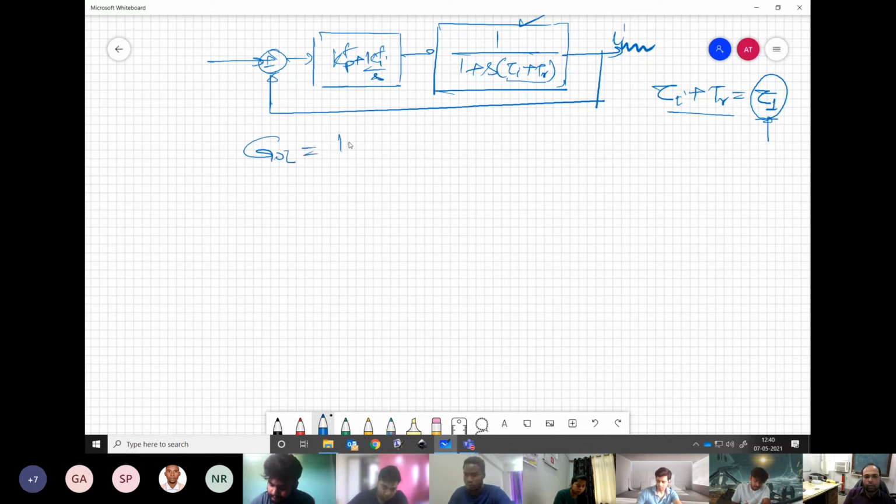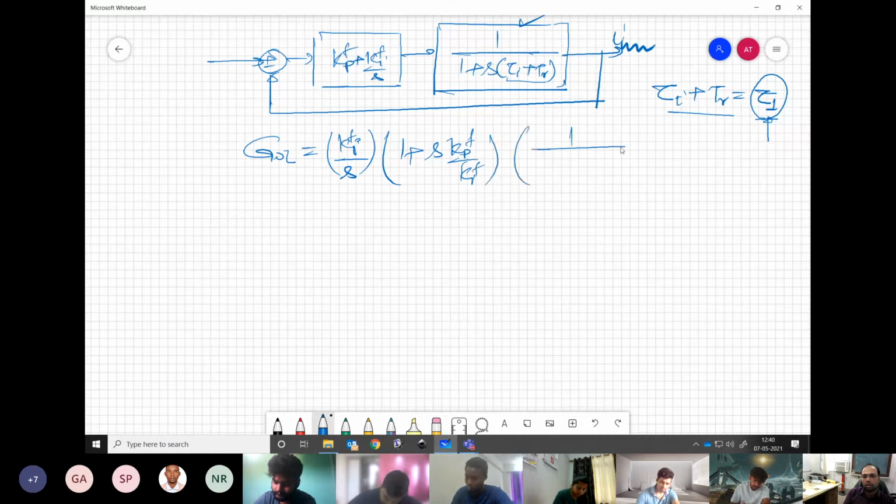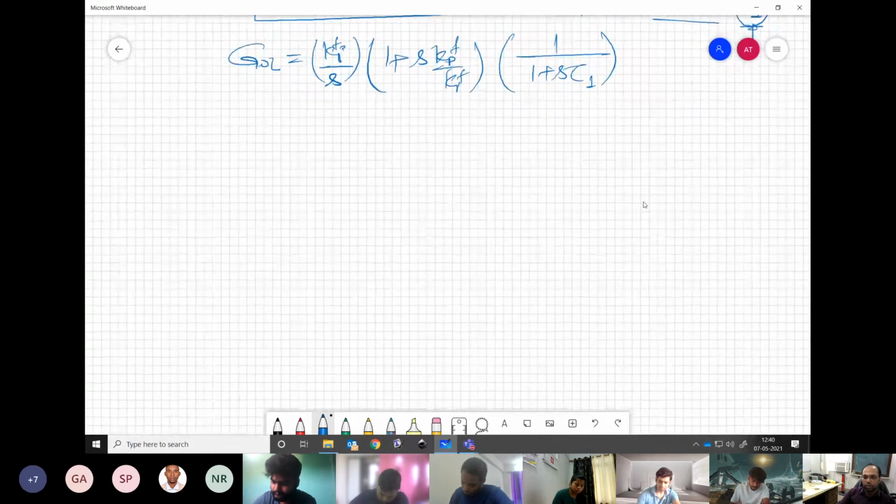Then I can write my open loop transfer function and rearrange my coefficients. So now you can see the pole and zero very clearly coming over here. So what do we do next?